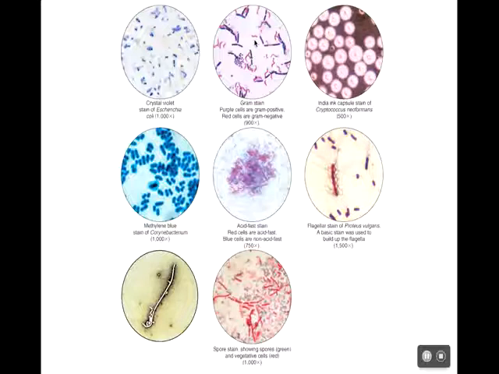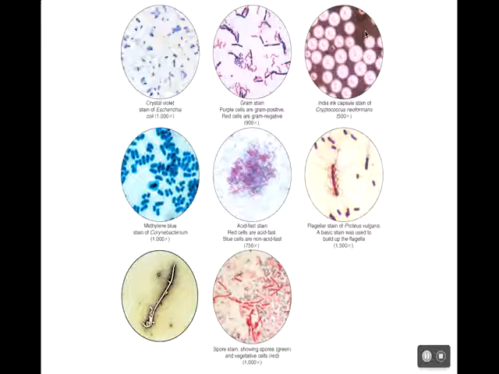So a differential stain uses two different dyes to differentiate between cell types or cell parts. A special stain is meant to emphasize a certain part of the cell. So it's meant to emphasize a certain structure in or on the cell.